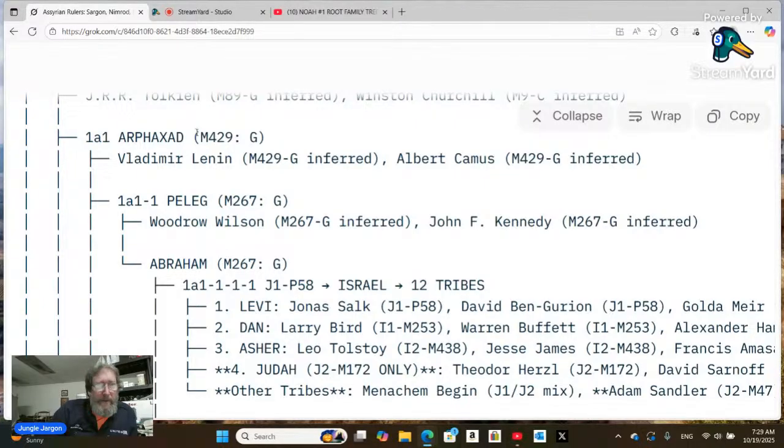Anyway, you can see some of these people. This is Vladimir Lenin. This is basal M420. Arphaxad is basal, so this is not an SNP. This is just the allele. M429G, inferred for whatever reason. And for whatever reason, he's got Vladimir Lenin here as a descendant of Arphaxad in one way or another.